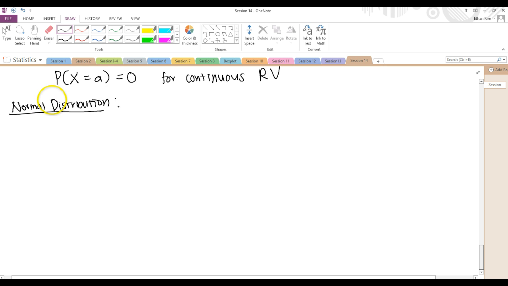This happens when we increase the number of trials for binomial distribution, binomial trials, to infinity. Okay, so theoretically, when we have infinitely many binomial trials, then we are going to get something called the normal distribution.